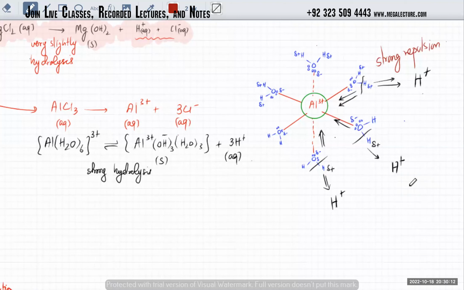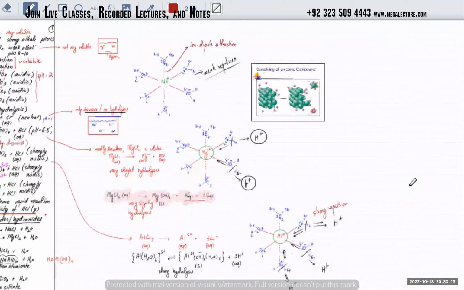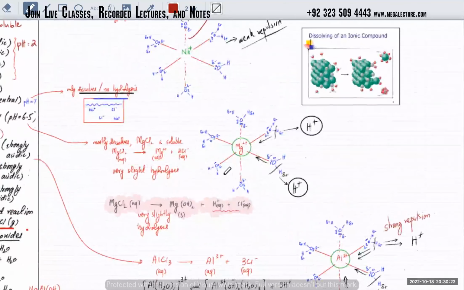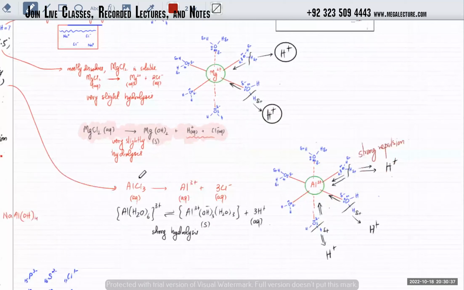So the thing is that you have to remember all 3 reactions of chlorides. First one, NaCl just dissolves, no hydrolysis, nothing. Okay, it's a neutral pH. MgCl2, it's got a bit of a positive charge, so very, very slight hydrolysis. Some of the hydrogen ions are going to get knocked out. That will result in the production of HCl or just a few more H+ ions, so it's going to be acidic. And when it comes to aluminum chloride, there is a very strong repulsion.